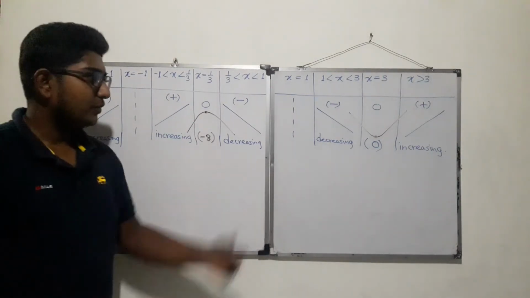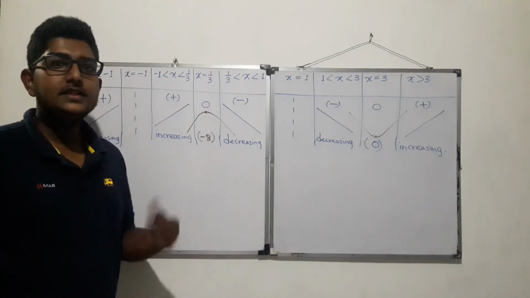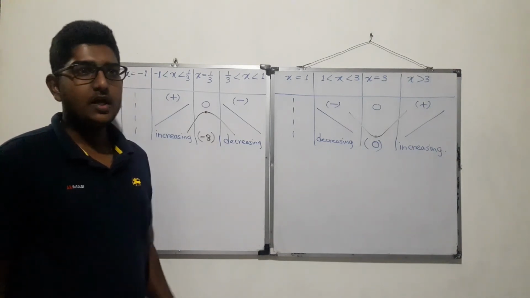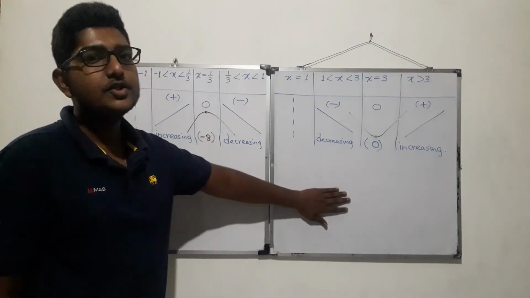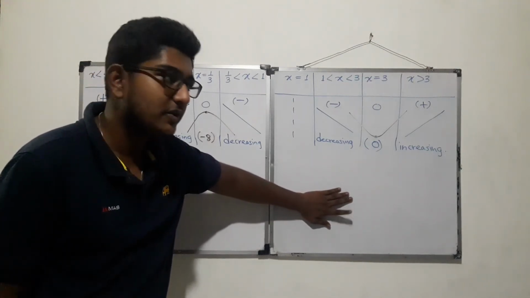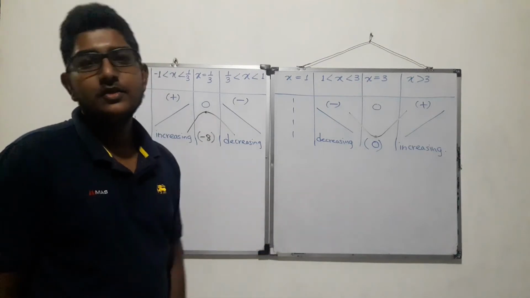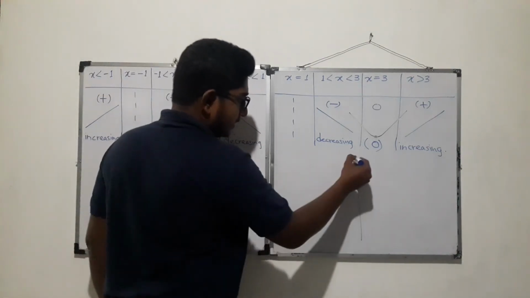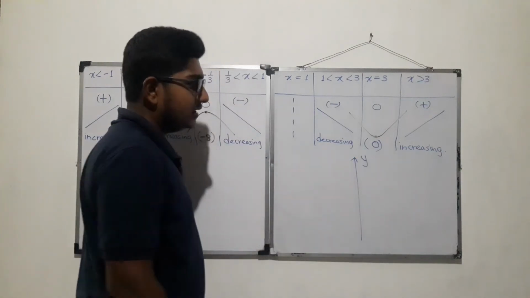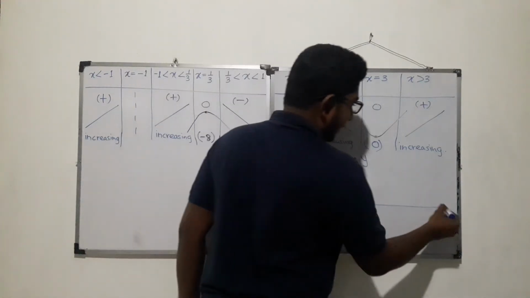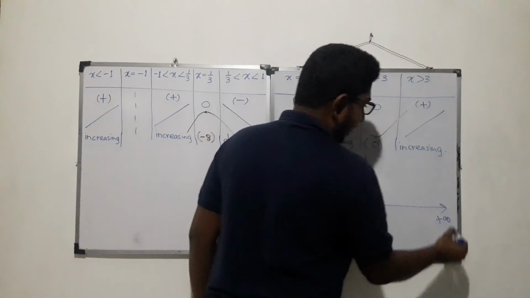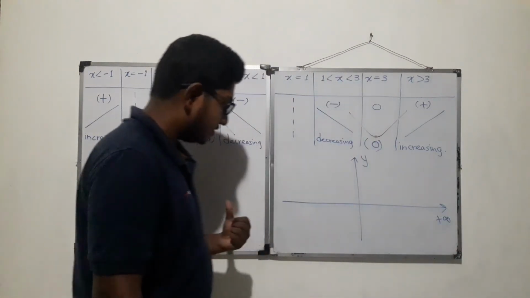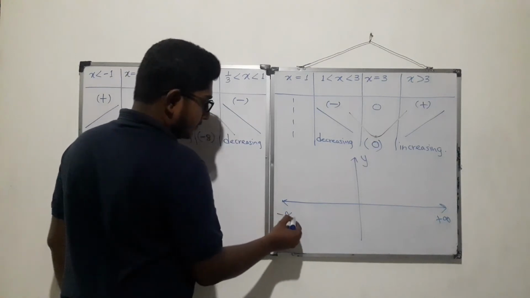We have to find the other asymptote. Earlier we found vertical asymptote. Now in our graph we must have a horizontal asymptote. So what is a horizontal asymptote? Horizontal asymptote is what our function is approaching when our x value tends to positive infinity as well as negative infinity.